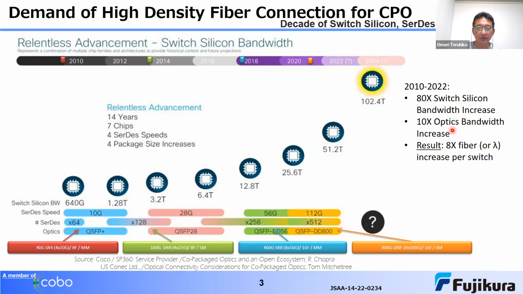Optics bandwidth increased by 10 times from 40 gig to 400 gig. And fiber or wavelengths increased per switch by 8 times.